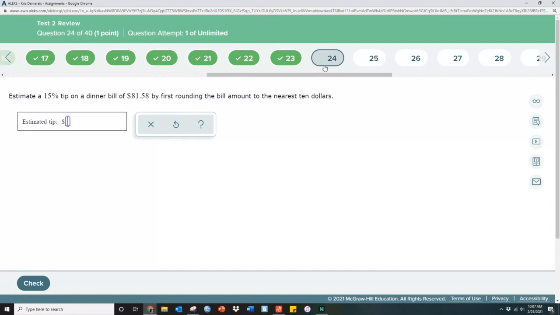You just move the decimal. So it's $8, half of $8 is $4, because you're looking for the 5% now. 5 is half of 10, so half of 8 is 4. So 4 plus 8 is 12. That's my answer, $12. That is the tip I would leave on the table.